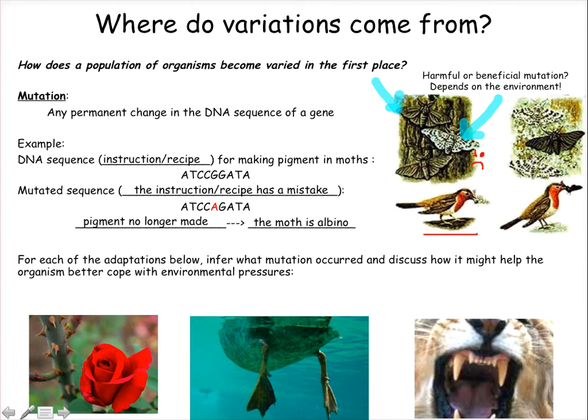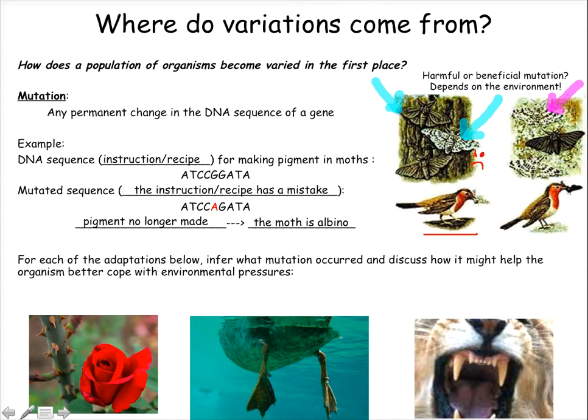However, let's say these moths live in a different environment, one in which there are many birch trees with white bark. You can see that on the right here. This moth here, against the white bark, this pigment mutation is no longer a harmful variation, but in fact, it's exactly the opposite.